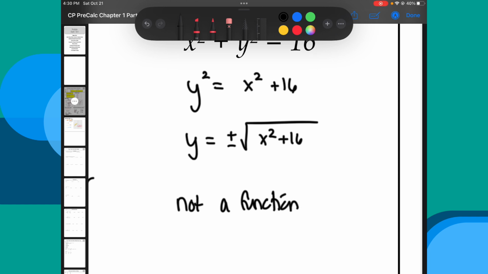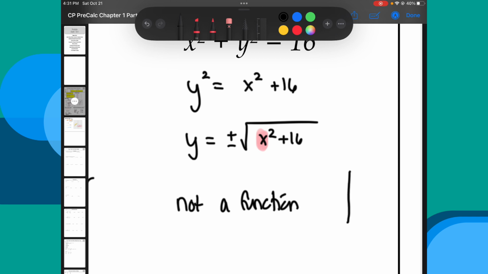And it's not a function because when I plug a number in here for x, I'm going to get two different answers. I'm going to get a positive square root, and at the same time, I'm getting a negative square root. So because one x value is giving me two different answers for y, I cannot consider this to be a function.